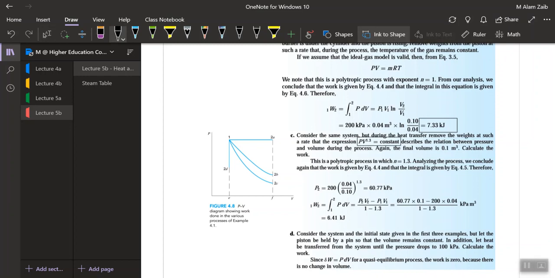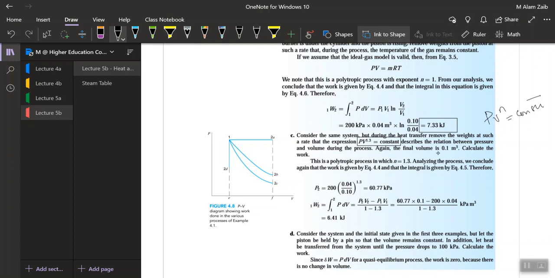In the last lecture, I said that when PV raised to power n is equal to constant, the process is a polytropic process. So it's an example of a polytropic process, and the expression PV raised to power 1.3 equal to constant describes the relation between the pressure and volume during the process.